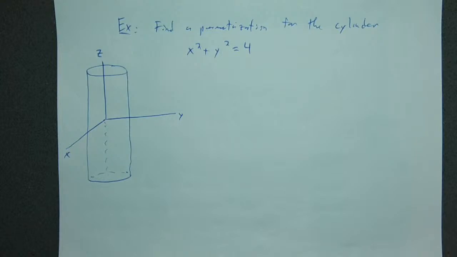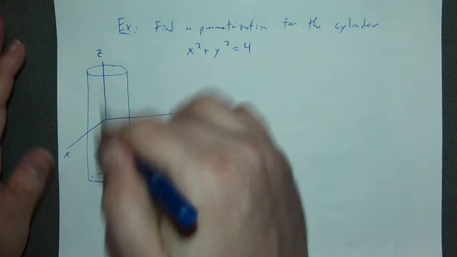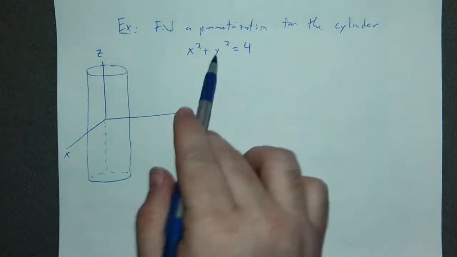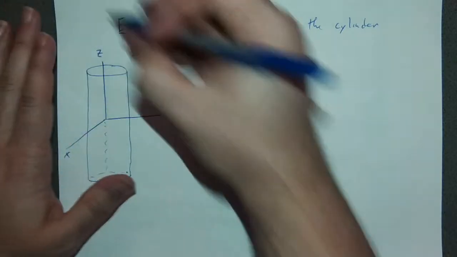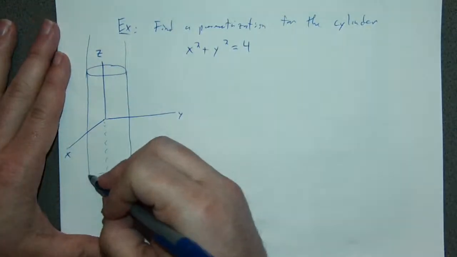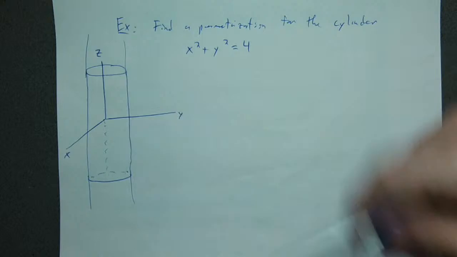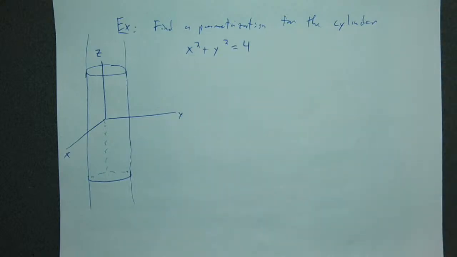So now we're just thinking here for a second. Before I even write anything down, we're using the power of intuition to come up with how we would describe where we are on the cylinder. Of course, I've drawn the cylinder with ends. This is an infinite cylinder, so it's actually going on in both directions, so it doesn't end there. I've just done that to show you that it is indeed a cylinder. Okay, so how would I describe a point here?